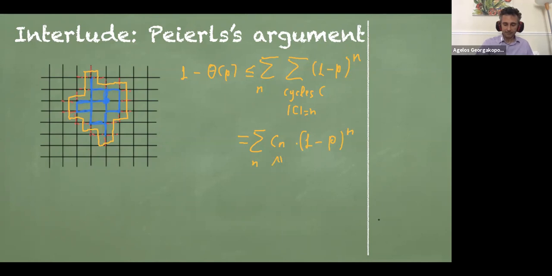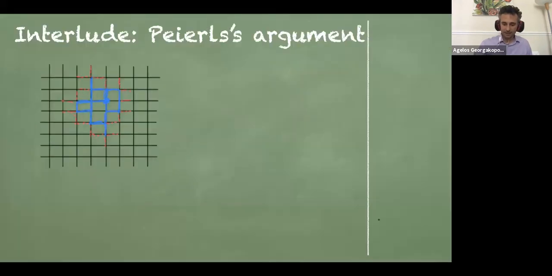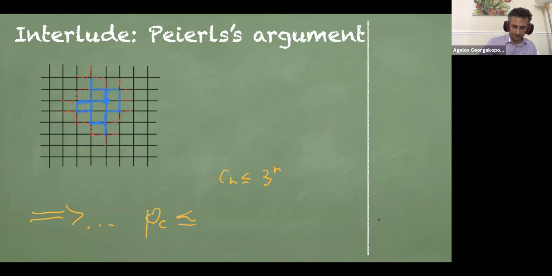For this graph, since the maximum degree is 4, these are at most, sorry, I lost that picture. So this C_n was at most 3 to the n. And if you do some calculations, it gives you that p_c of my square lattice is at most 2/3. Okay.